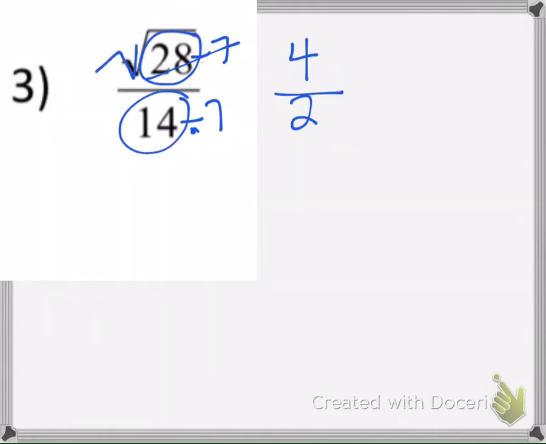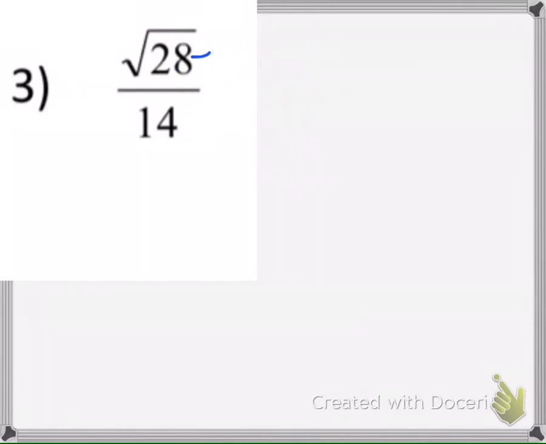This is the square root of 28, which is about 5 point something. So we cannot simplify something in a radical with something that is not. So the only thing left to do is to simplify our radical 28. So see if it can be simplified. So use method 1 or method 2.